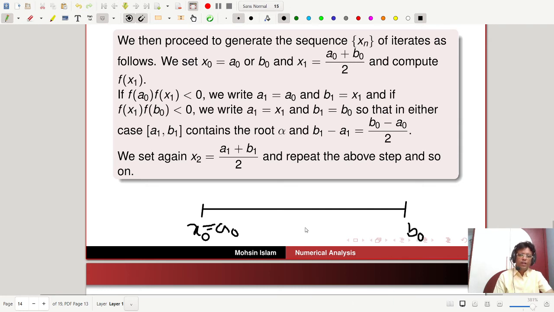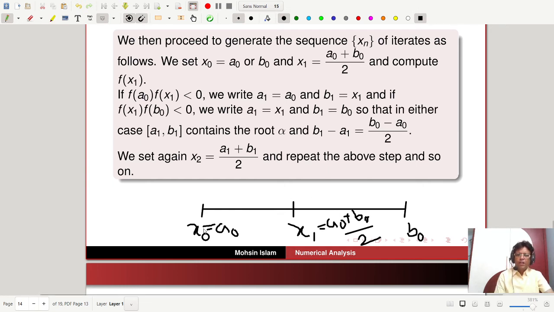Calculate the midpoint of a0 and b0, that is (a0 + b0)/2, and denote it by x1. Clear, everybody? I am drawing the diagram also for your better understanding.